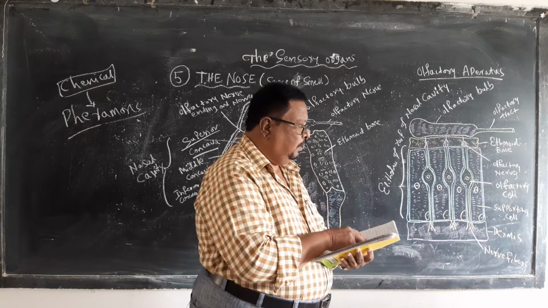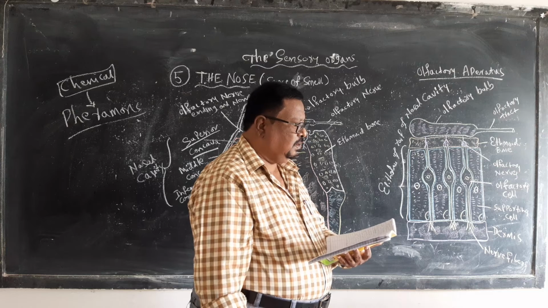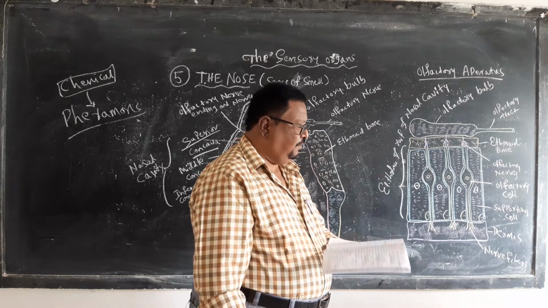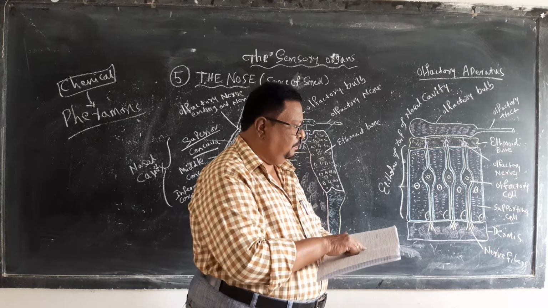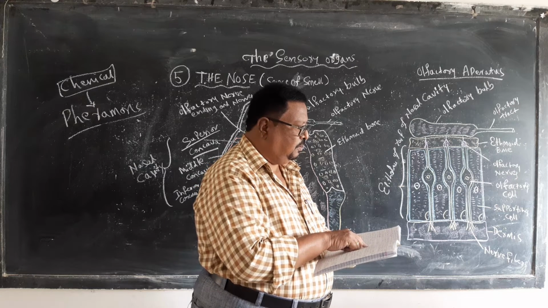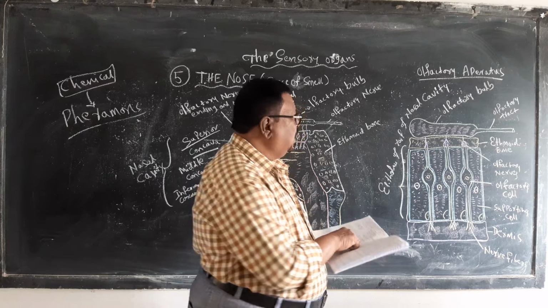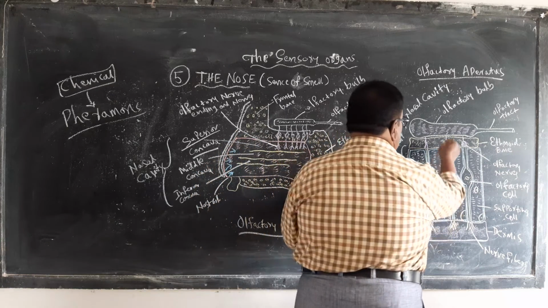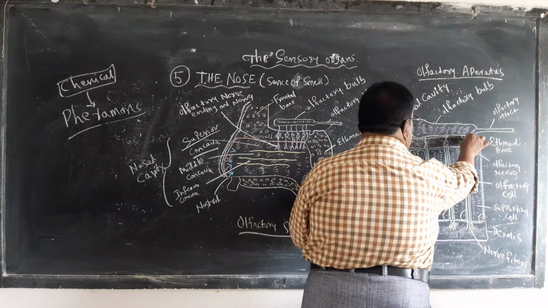So each receptor cell, the olfactory cells, are bipolar, and on the two poles the nerves are present. They are bipolar in nature. The dendrites of these cells reach the surface of the olfactory epithelium and end in olfactory knobs to which cilia are attached. Here cilia are present.